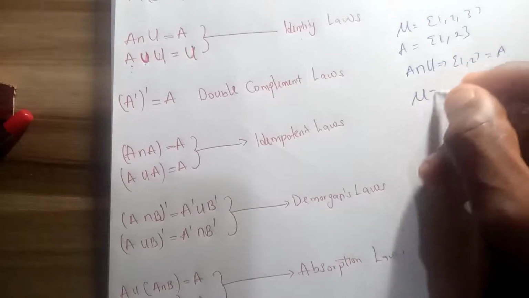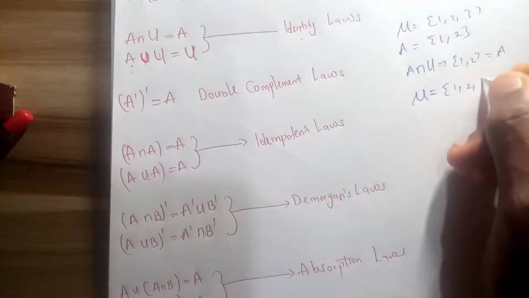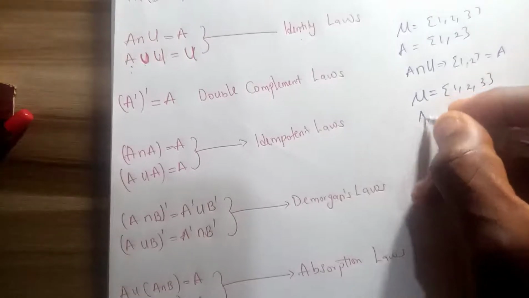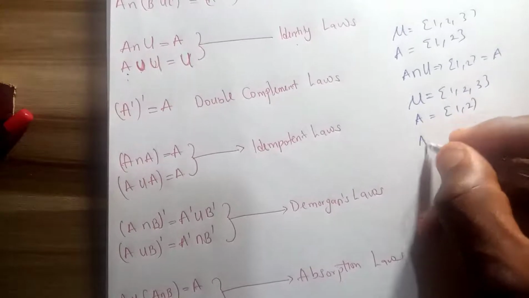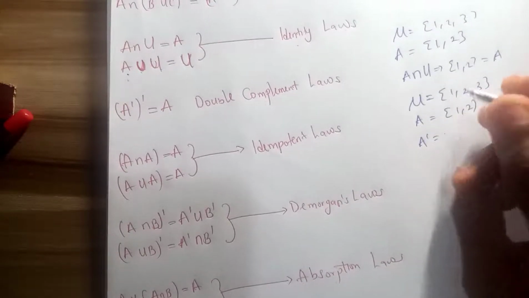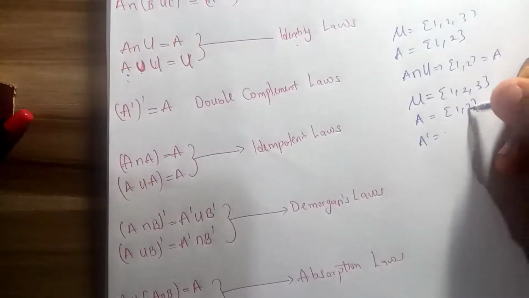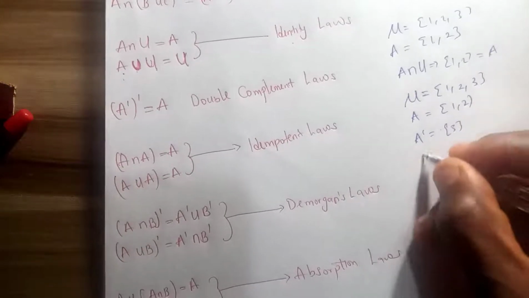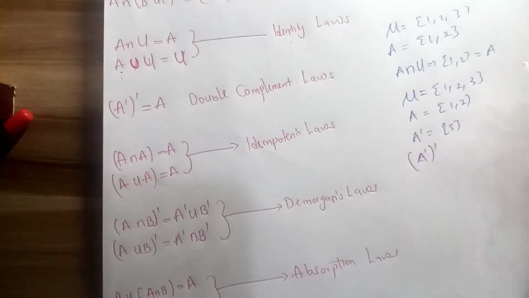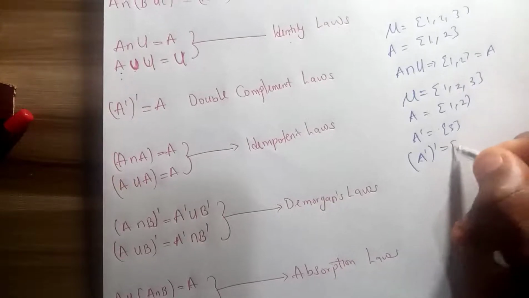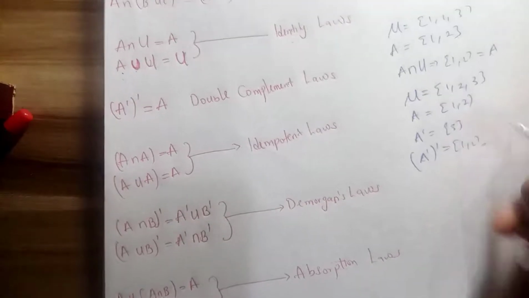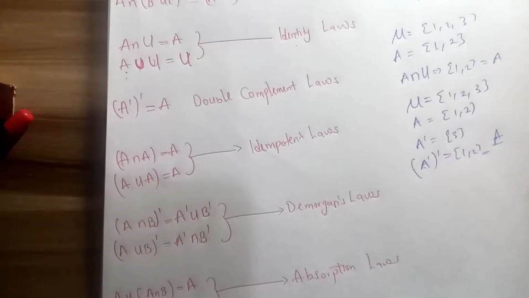Let's say our universal equals {1, 2, 3} and our A equals {1, 2}. Now A prime will be what? Elements in universal that are not in A. That's 3. Now we want to find the prime of this, the elements that are in universal that are not in this prime. That is {1, 2}, which is equal to A. So that is how to do that.